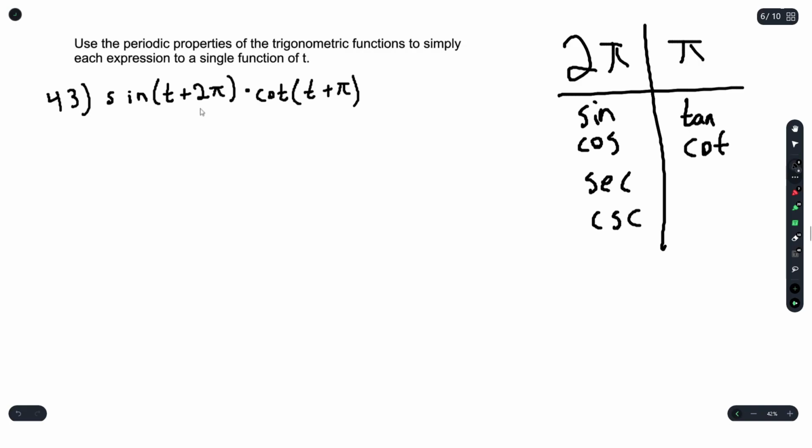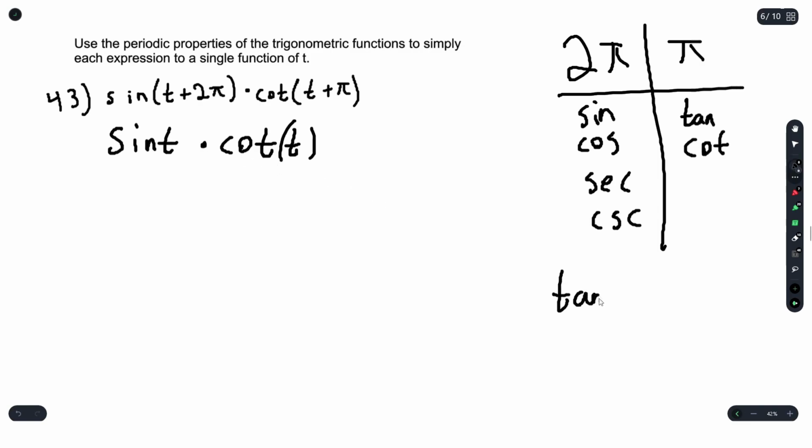Since it's sine of t plus 2 pi, and 2 pi is the period, the 2 pi just goes away, so it becomes sine t. Then cotan is plus its period, so the period goes away. It's cotan t. Then we simplify cotan into sine and cosine.